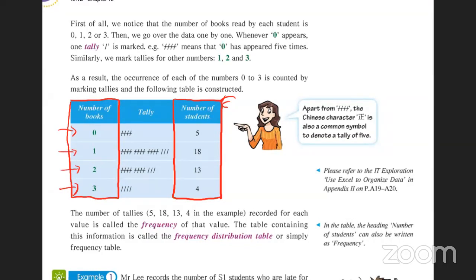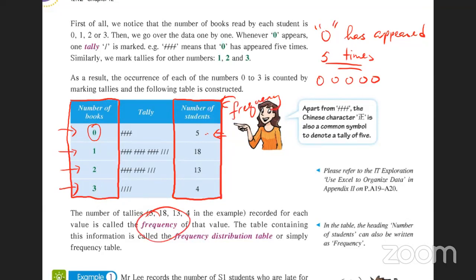the data. It means this data 0 has appeared 5 times. 0 has, maybe we use this word, I think you should know this word, appear 5 times. It means I have 0, 0, 0, 0, 0, like that. Now in general, this is called frequency.